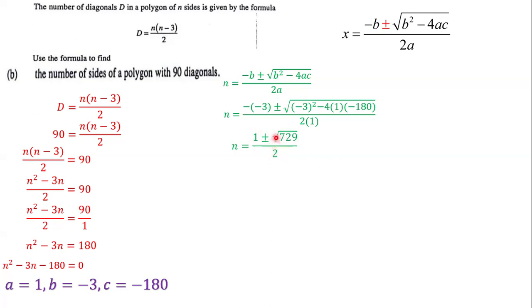Now, what is the square root of 729? The square root of 729 is 27.